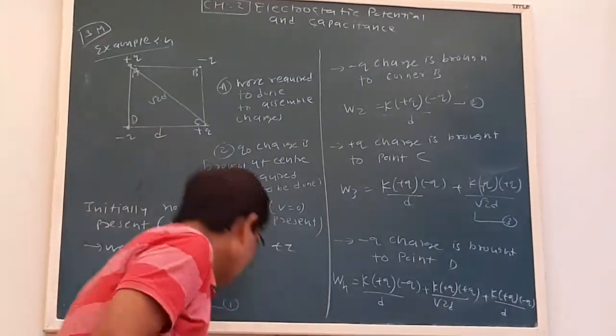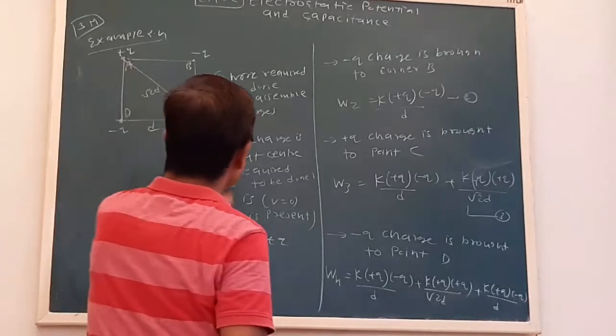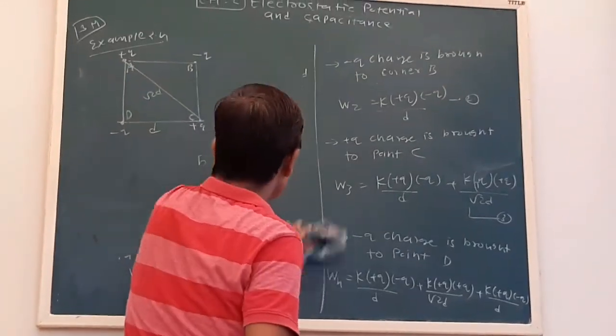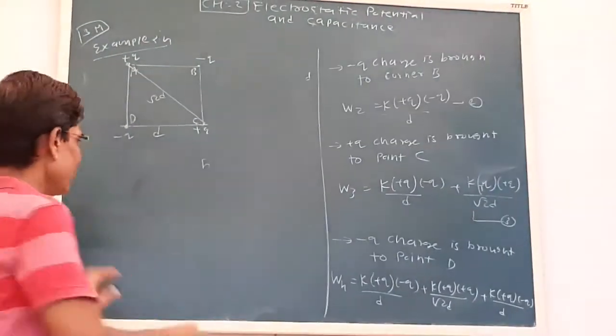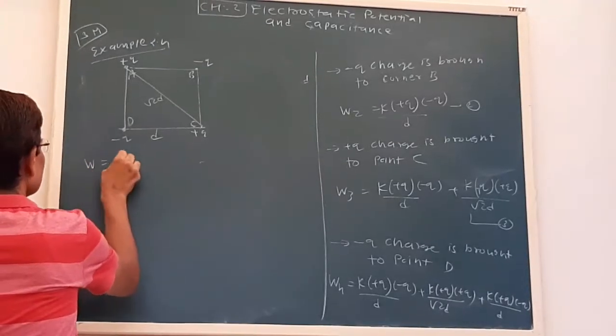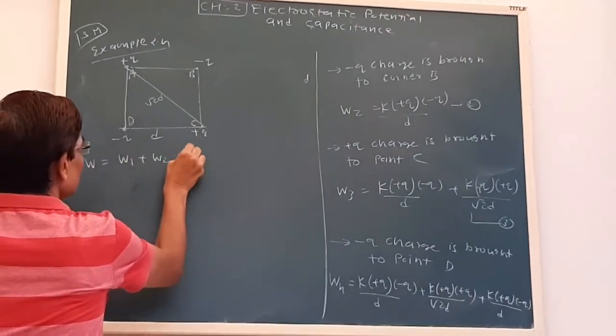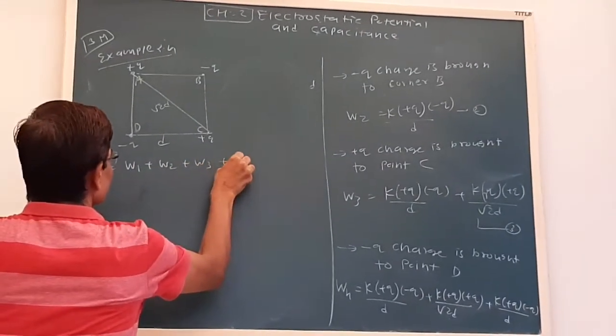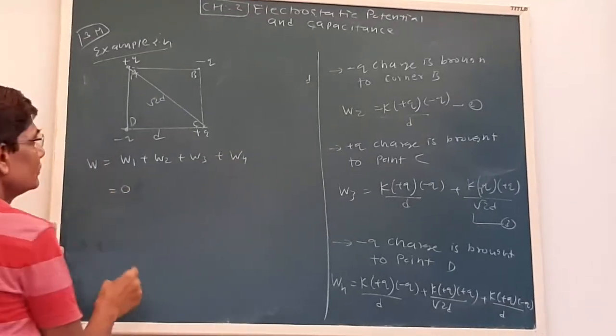See, the total work done during this can be obtained by addition. Now we know work is a scalar quantity, so the work done is W1 plus W2 plus W3 plus W4. First was 0.